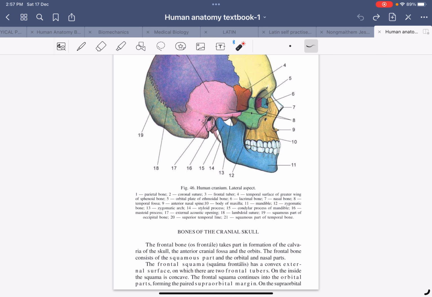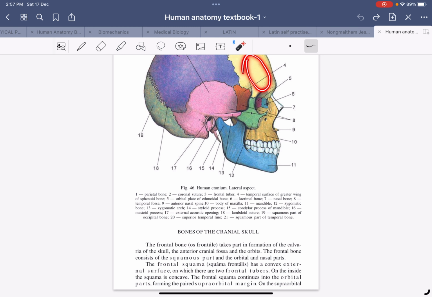Squamous is a type of bone, as we all know, squamous and spongy type and flat bone type, and particularly squamous bones are found in the frontal bone, and the orbital and the nasal part are also found in the skull part. And it says the frontal squama, squama frontalis, has a convex external surface.